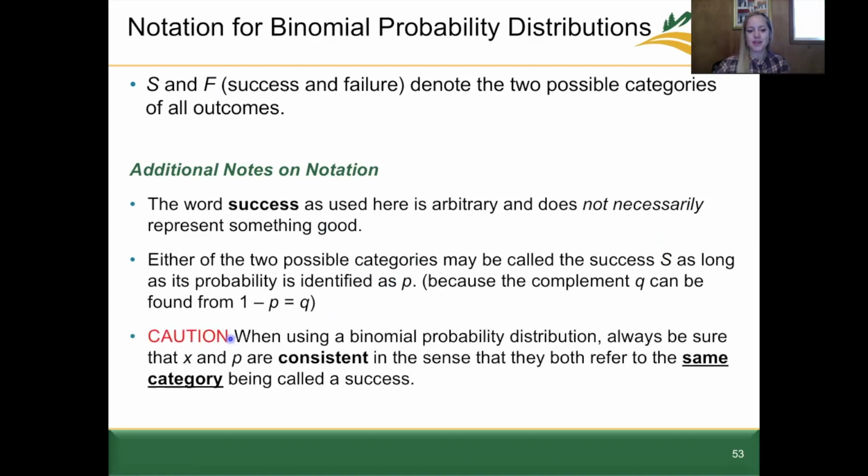Another way we need to be consistent is when using binomial probability distributions, we always need to be sure that x and p are consistent in a way that they both refer to the same category being called a success. Okay, so our consistency needs to be that S and lowercase p match up, F and lowercase q match up, but then also p has to be matched up with x.